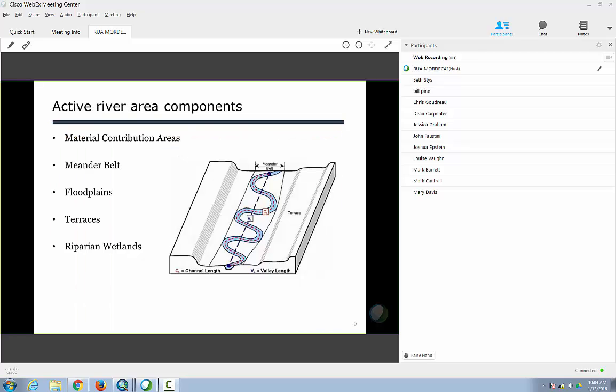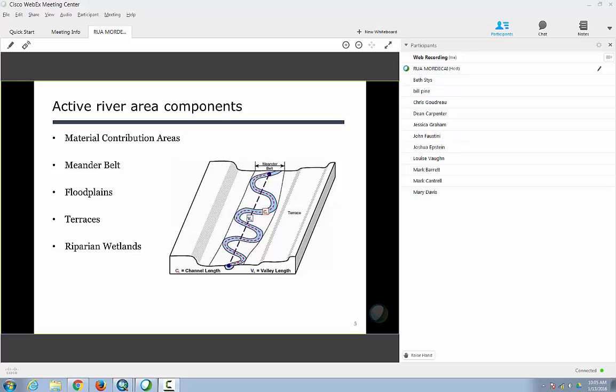A few concepts. Kind of reminders from the last call that'll be relevant here. One is this idea of the active river area that will be related to some of the indicators we look at.